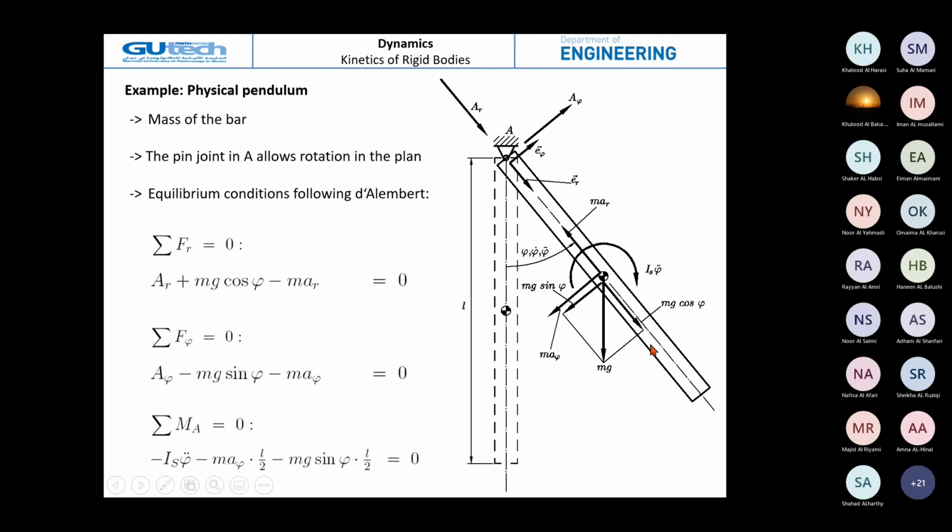That means there is the acceleration along the radial direction, and there is the acceleration along the circumferential one. As the external force, there is the weight, mg. Then what we have to do is only to make the equilibrium along the radial direction and the equilibrium along the circumferential direction.